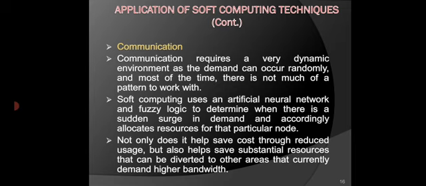So soft computing uses ANN and fuzzy logic to determine when there is a sudden surge in demand, and works accordingly. Not only does it help in cost saving and reducing usage, but it also helps save substantial resources.